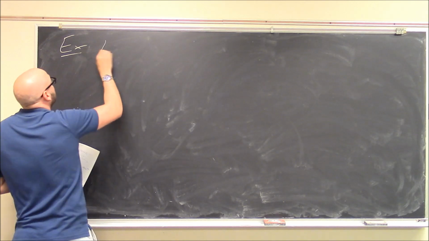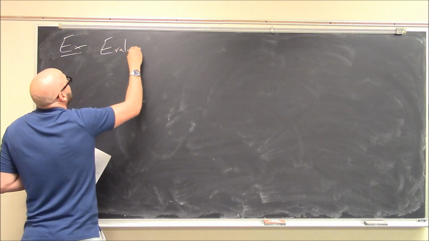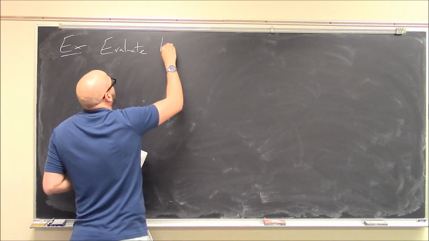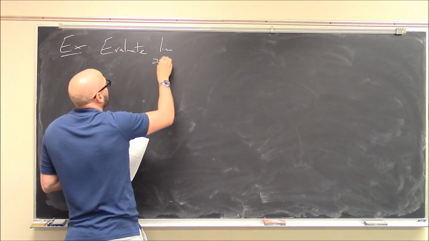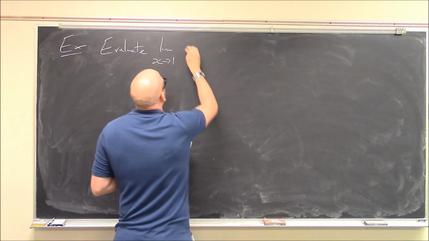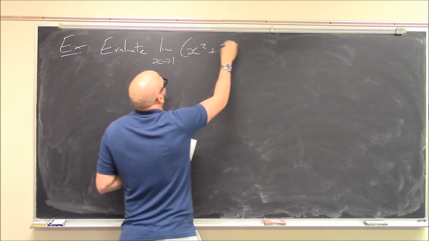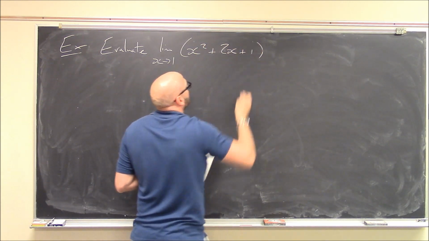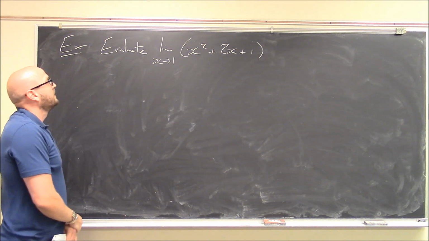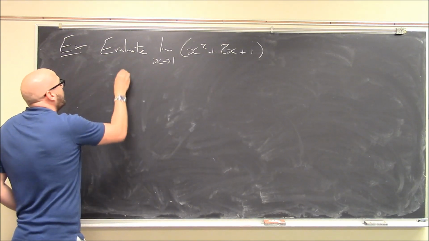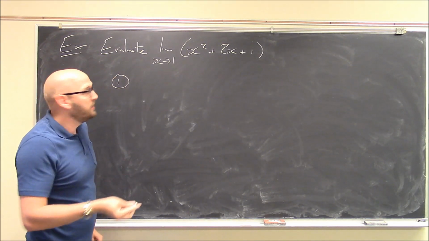Alright, for example, evaluate the limit as x is approaching 1 of x squared plus 2x plus 1. So I'm going to do this two ways. One is I'm going to do this extremely formally using our limit laws.